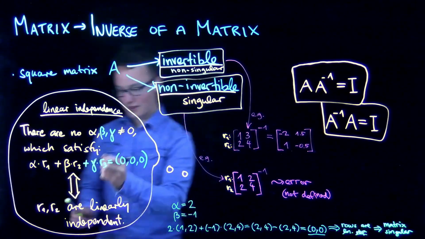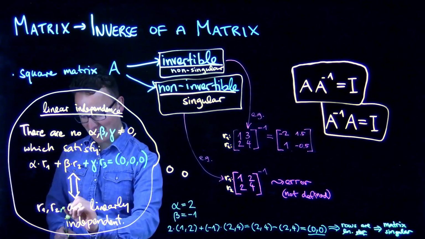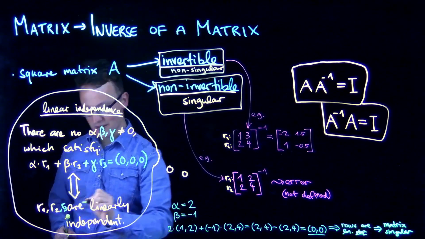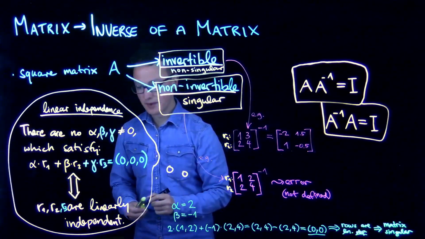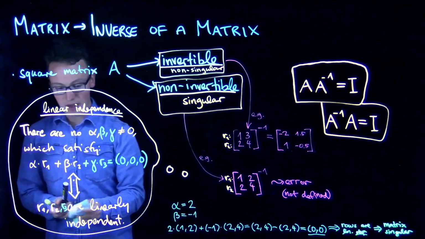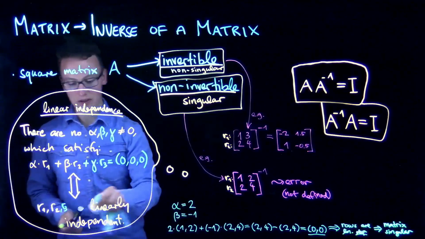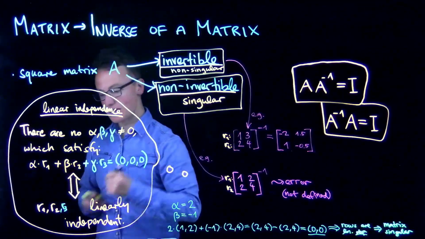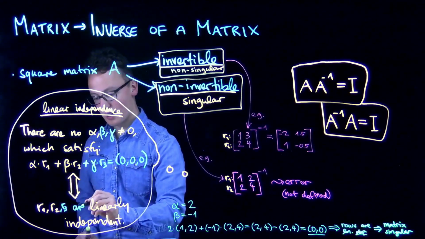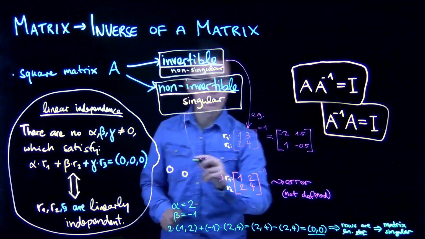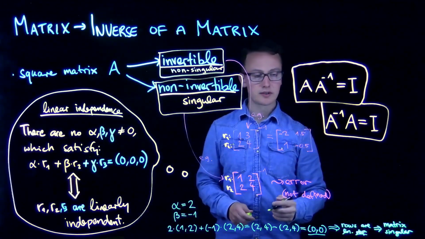And then, of course, the last thing here also is that row 3 also has to be considered. But once we've done this, we are basically also ready to apply the same logic to three-dimensional matrices. And we can just in the same way check if the rows are linearly independent or not.